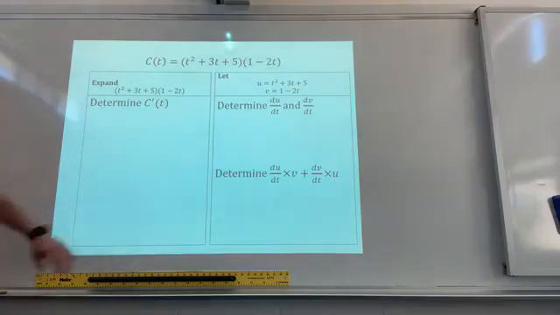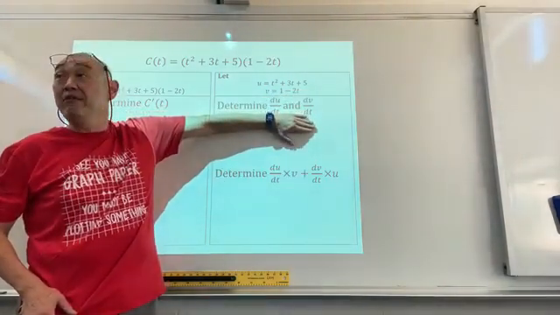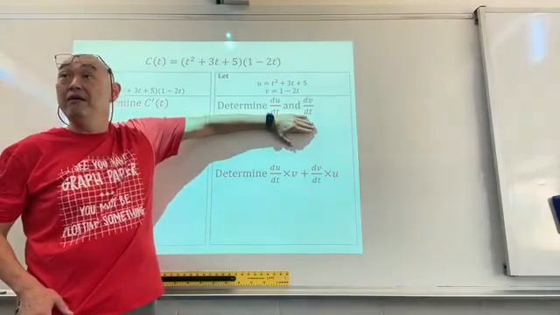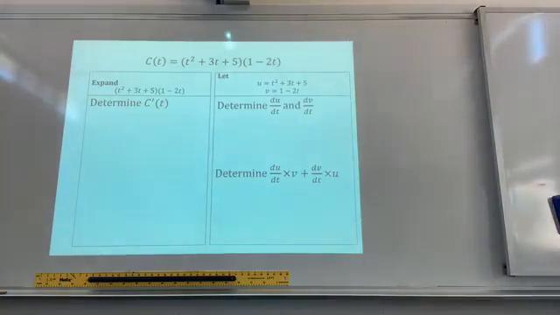It's a lot more straightforward if you do that, du/dt and dv/dt, instead of expanding it and going crazy expanding some of the functions.